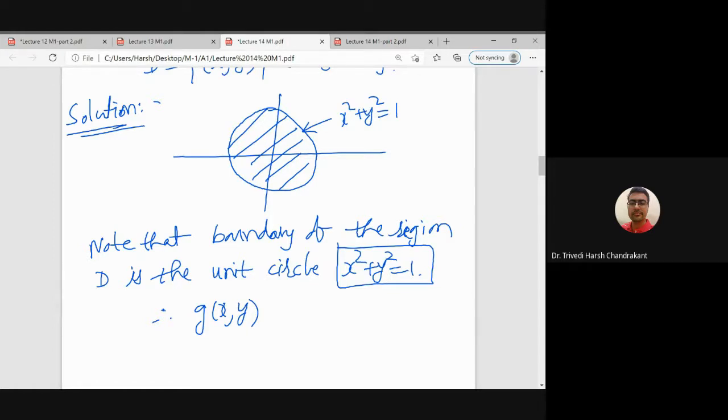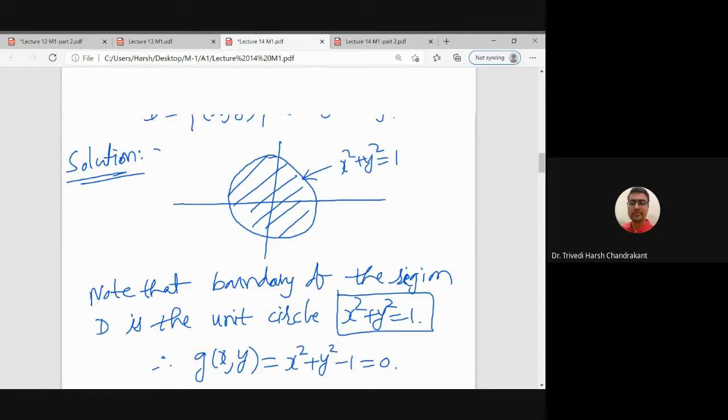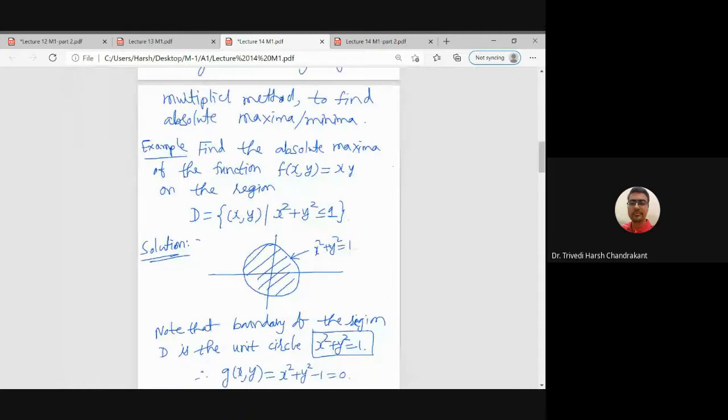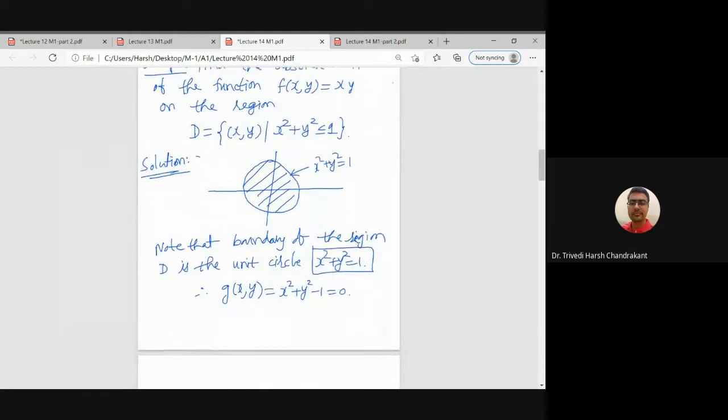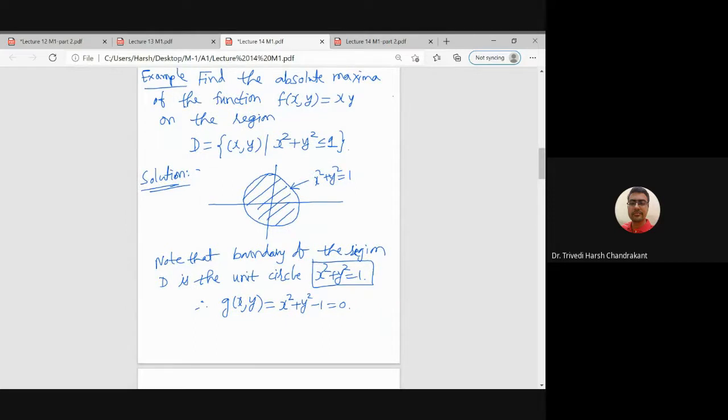The given region is x square plus y square less than or equal to 1. We got the boundary x square plus y square equal to 1. That means our g of xy is x square plus y square minus 1 equals 0. So first we have identified the boundary of the given region, and that gives us the function g.